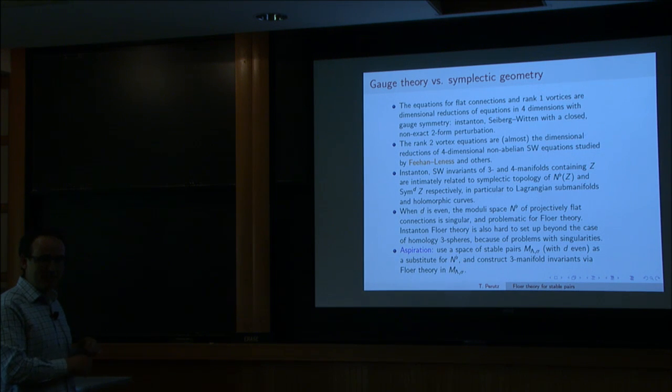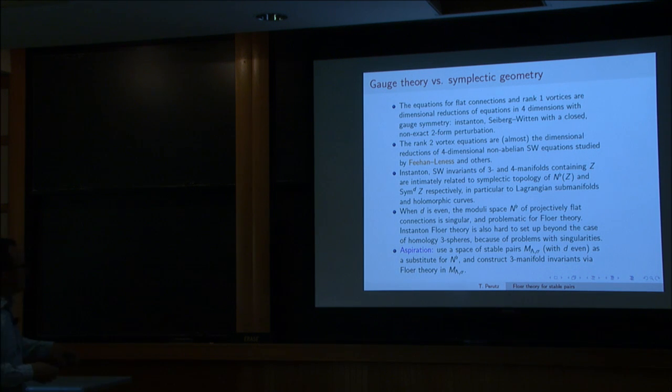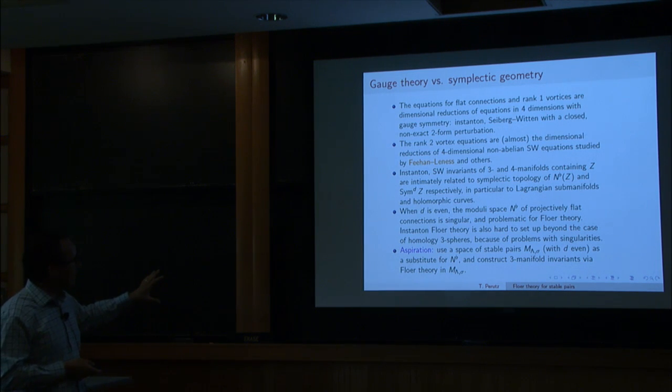It remains an aspiration. It's not one we have achieved so far. But I emphasize that this is a case where one doesn't really know how to do things in the instanton theory because of the singularities.